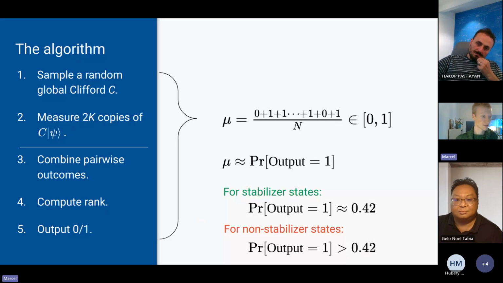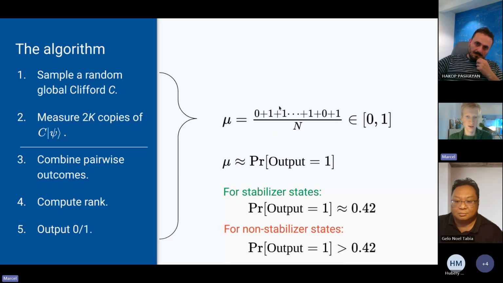But unfortunately, I can't pin down the exact relation, which also means that this algorithm is probably not a tolerant tester, if that means anything to you.